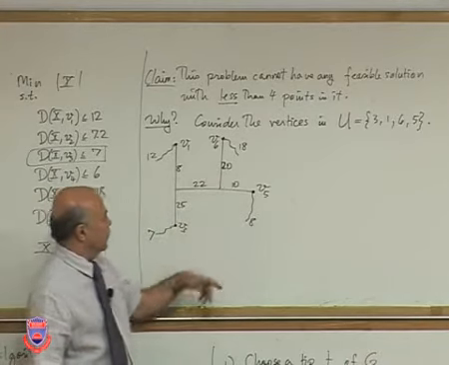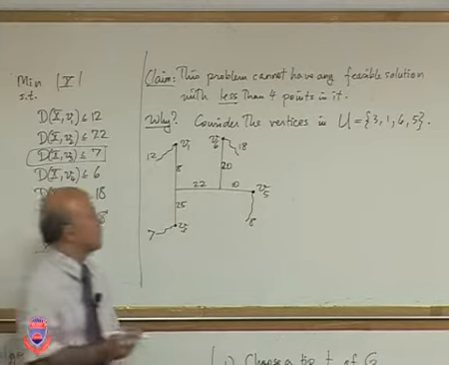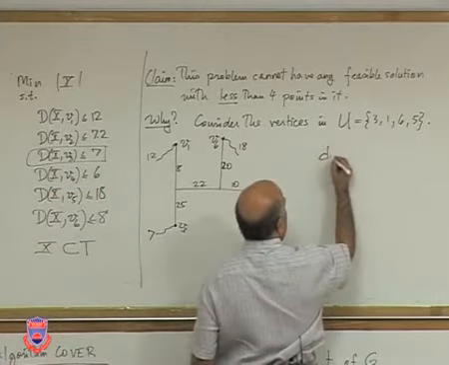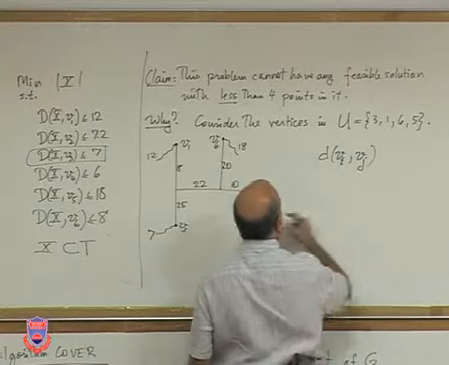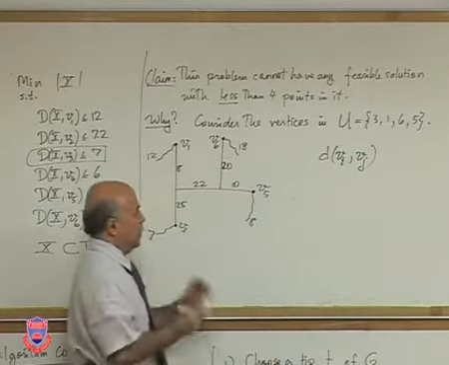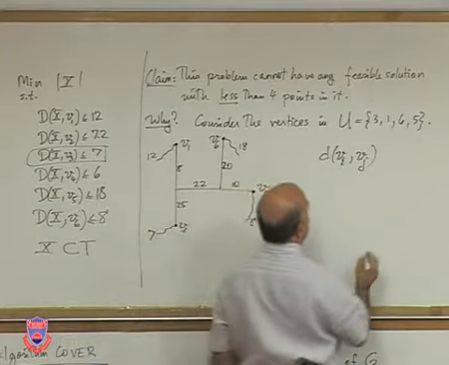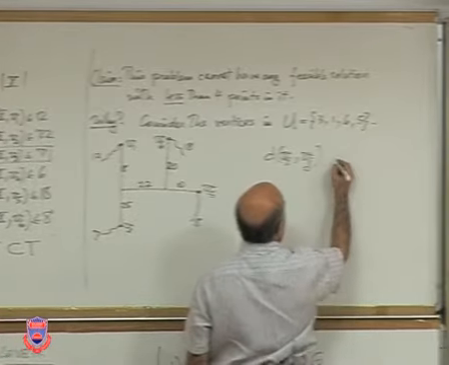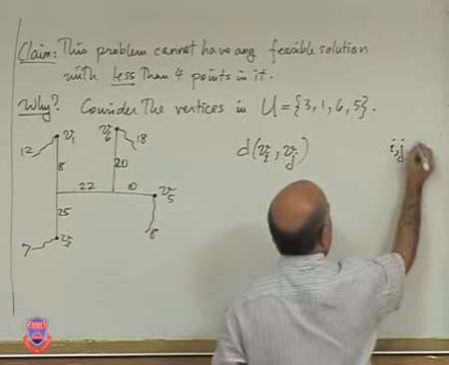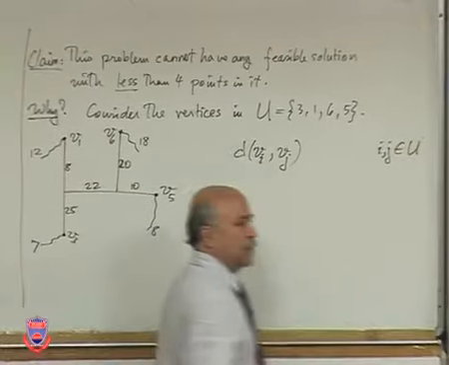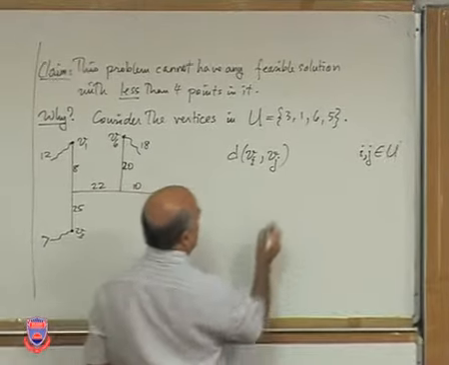Similarly so if you look at all these pairs, if you look at the distance between Vi and Vj as computed along the shortest path connecting Vi and Vj, for the pairs 3, 1, 6, 5, so for i, j both in set U, what do we know about them?